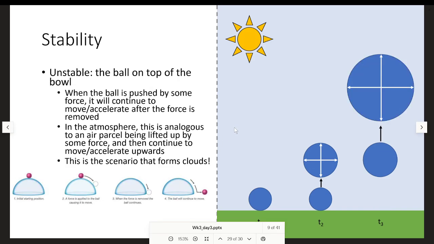It likes being stable. Okay, so unstable: the ball is on top of the bowl. I guess it would be unstable on top of the bowl. When the ball is pushed by some force, it will continue to move and accelerate after the force is removed. In the atmosphere, this is analogous to an air parcel being lifted up by some force and then continuing to move and accelerate upwards.